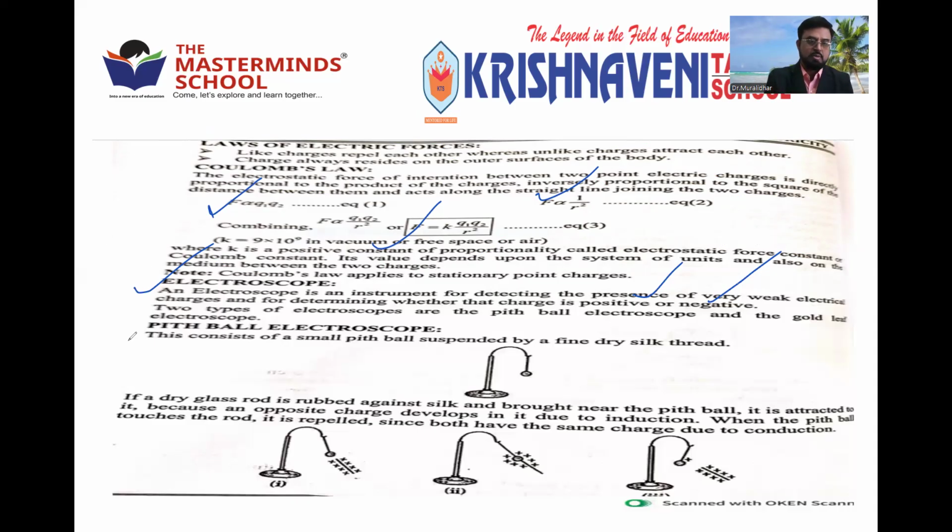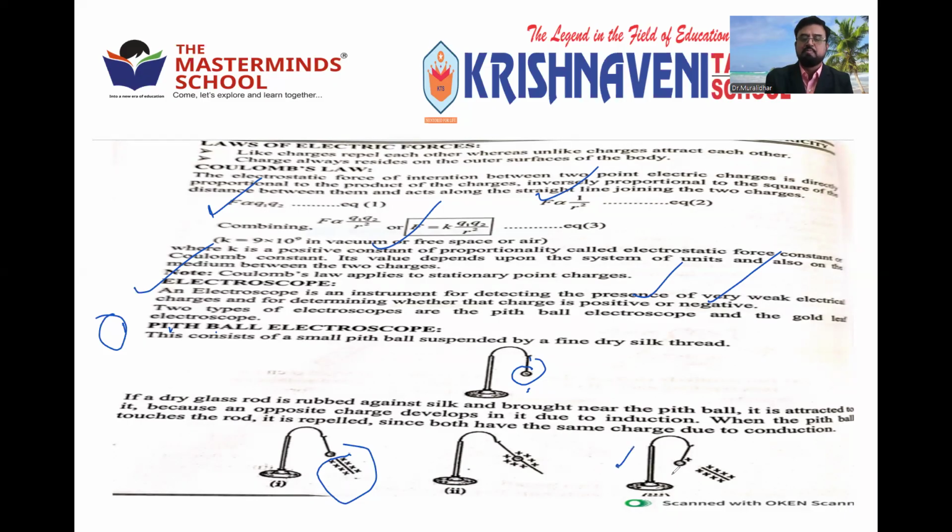The first kind of electroscope is the pith ball electroscope. It is simple: a ball made up of cork, a small cork ball suspended by a thread to a stand. Suppose you bring one positive charge near it. Whether it is attracting or repelling, based on that you can identify whether the ball has positive charge or negative charge.